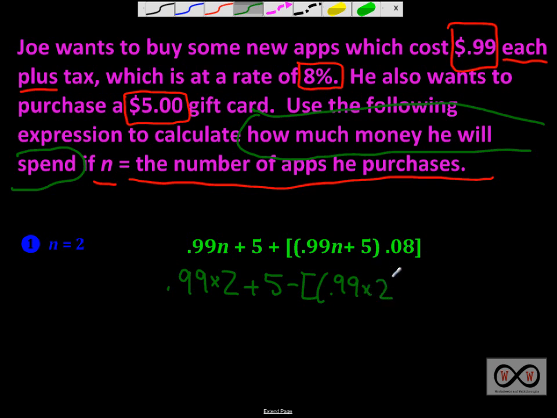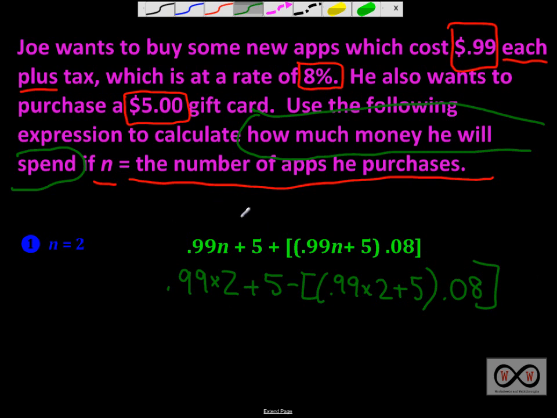So 99 cents times 2 plus the $5 gift card. And outside of that, we have the 0.08 that we have to multiply to calculate our tax rate of 8%. And we have our closing brackets there.